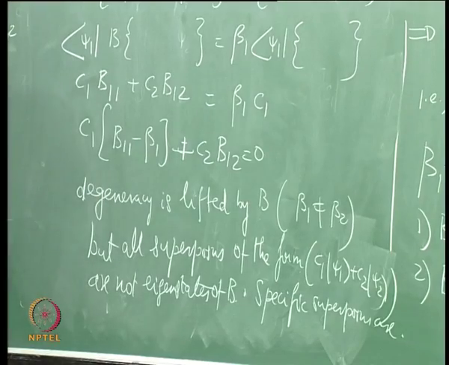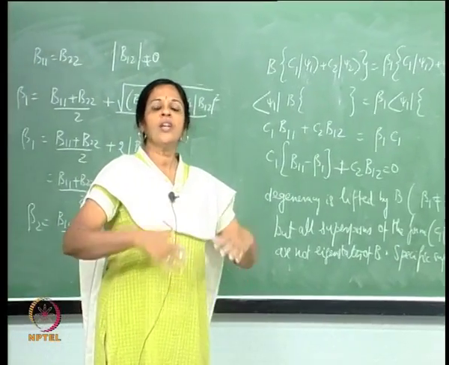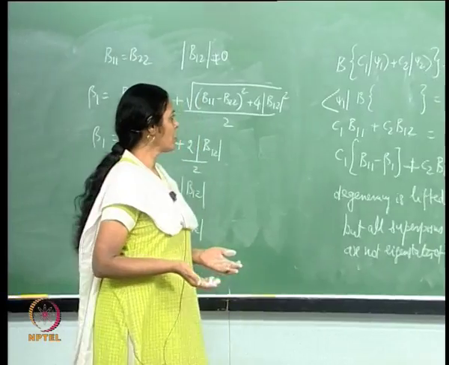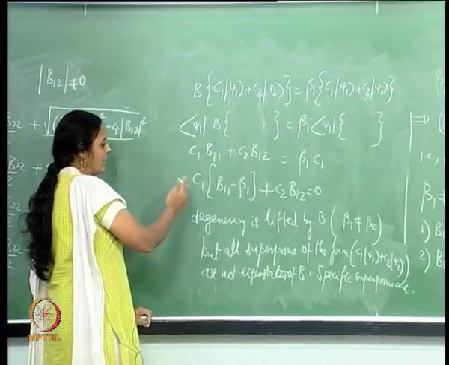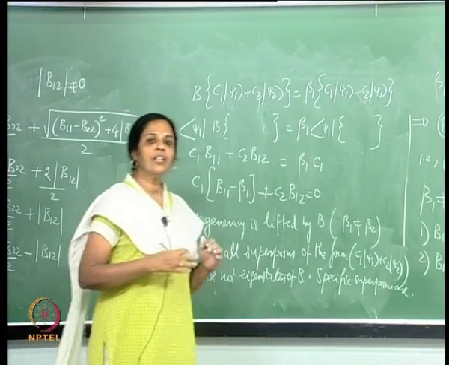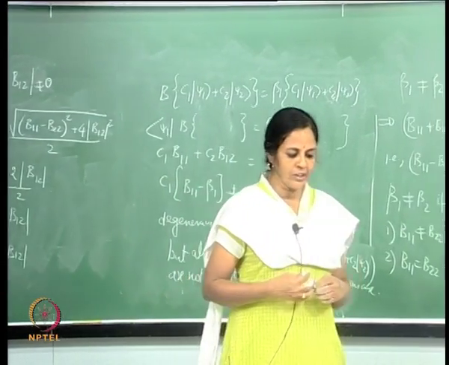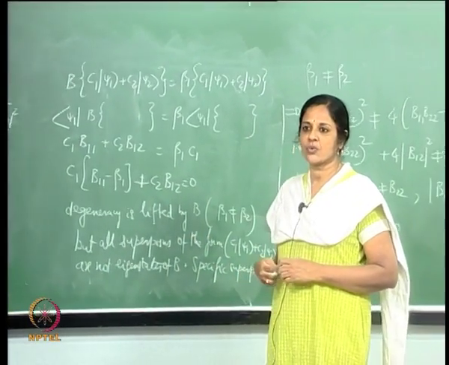The degeneracy is lifted. Once more, we have found a complete set of common eigenstates of A and B in this case, and B lifts the degeneracy. There was a two-fold degeneracy which was lifted in this case as well.